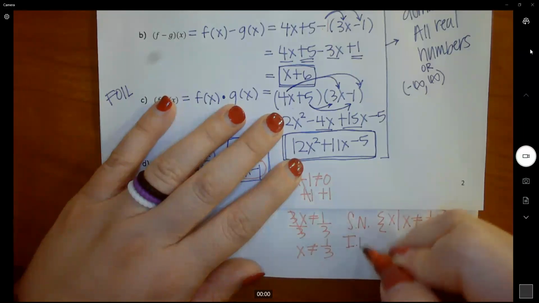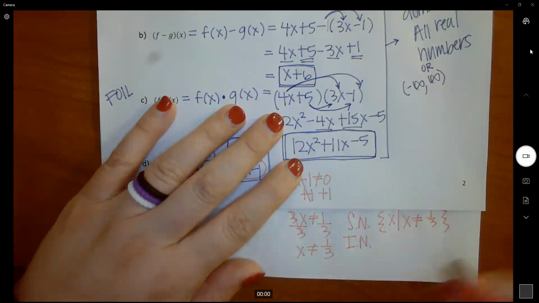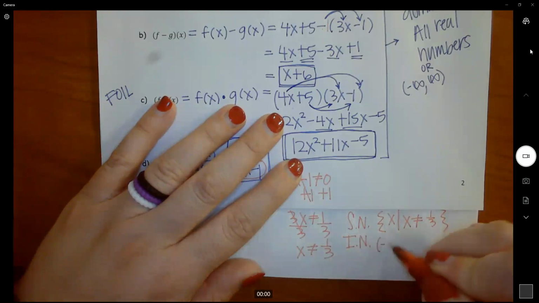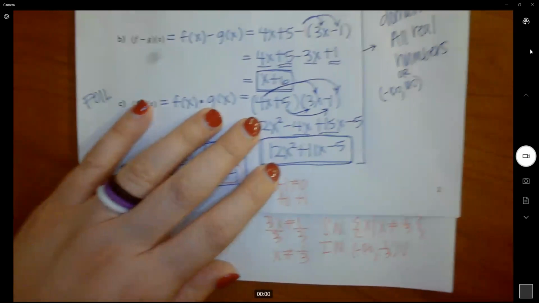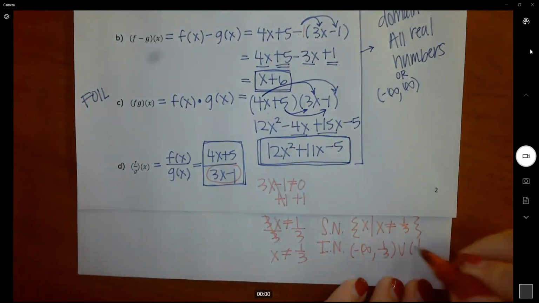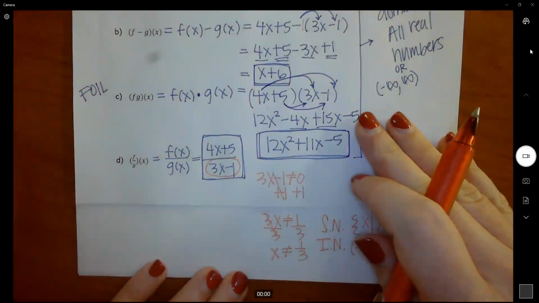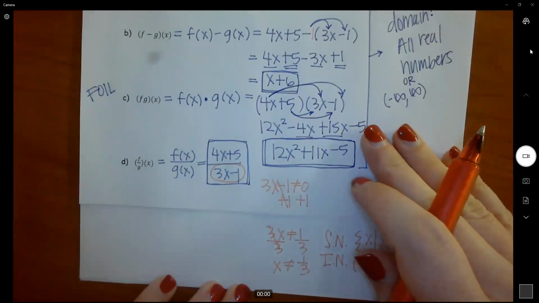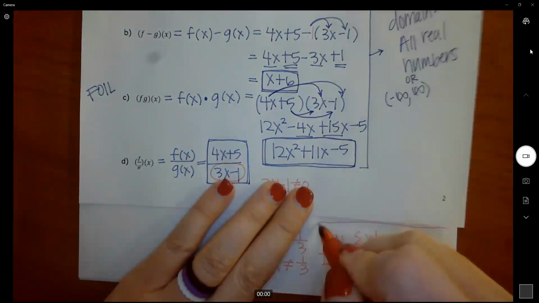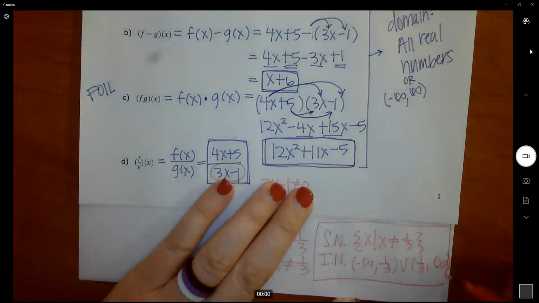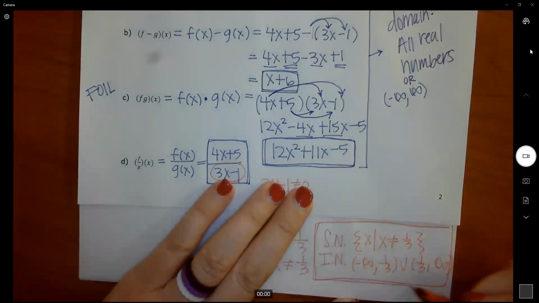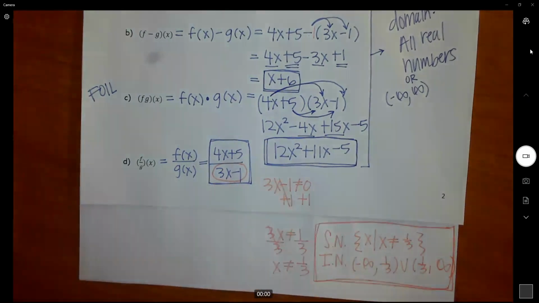If it is interval notation, this is negative infinity to 1/3 with a union of 1/3 to infinity. And if you have already watched the previous videos for this lesson, you will know that these 2 answers mean the same thing. They're just written in 2 different forms.